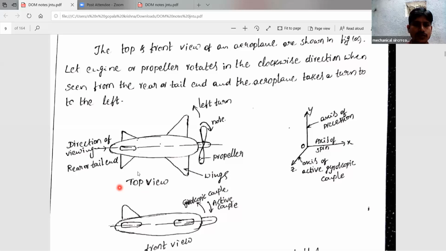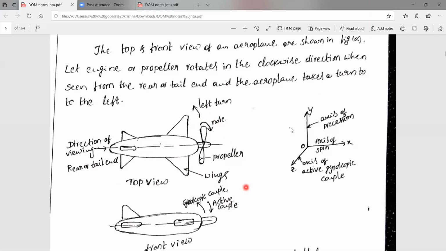All of you observe this diagram, very very important. Our simple one line condition is there: the propeller rotates clockwise when viewed from the rear end, and the plane takes a left turn. Did you observe my mouse indicator?